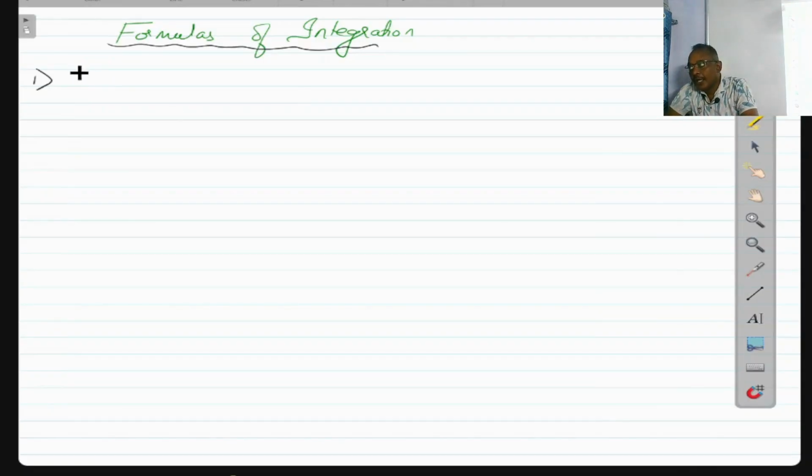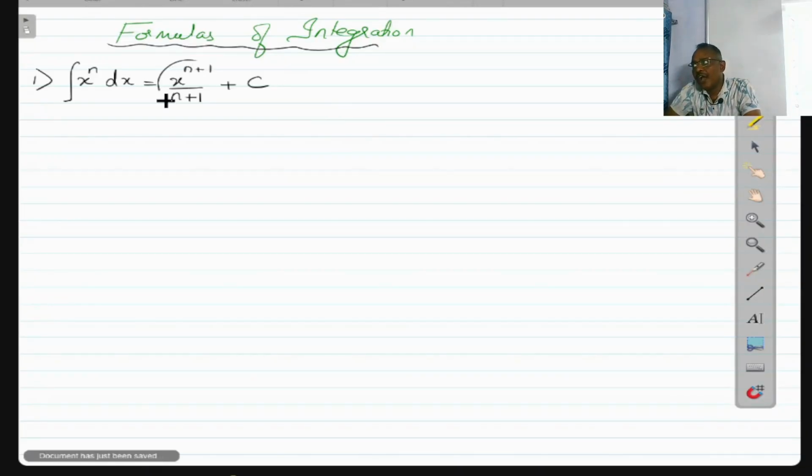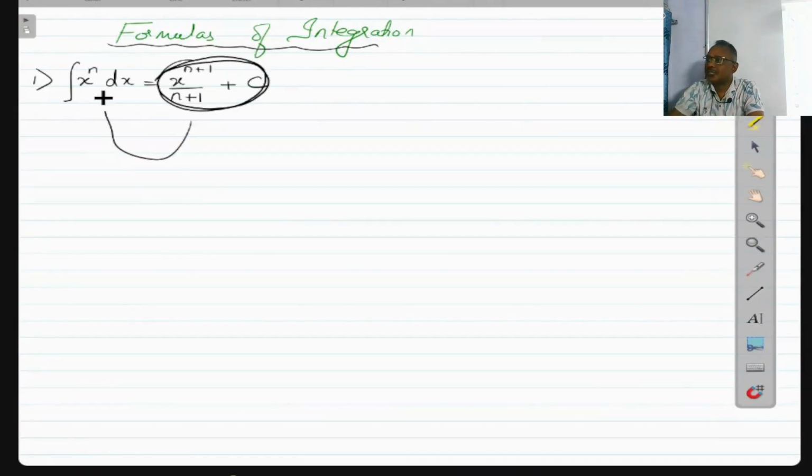See, x to the power n dx is x to the power n plus 1 upon n plus 1 plus c. Why? Say with me. Because I had told you just now, the differential of this gives you x to the power n.